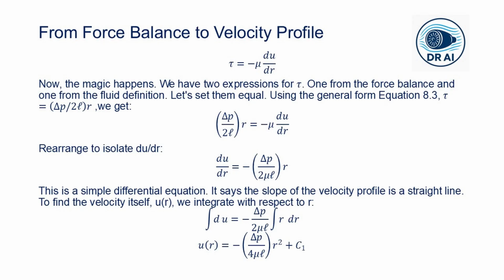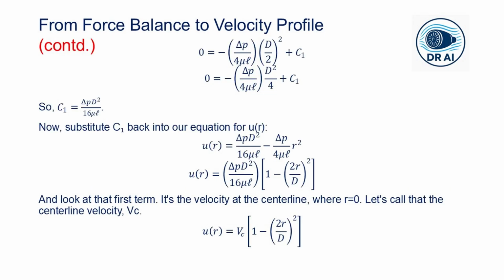To find it, we need a boundary condition. So what is it? The no slip condition at the pipe wall. The fluid sticks to the wall, so at radius r equal to d by 2, the velocity is equal to 0. So let us plug that in, and we can easily substitute C1 back into the equation for the velocity u as a function of r.